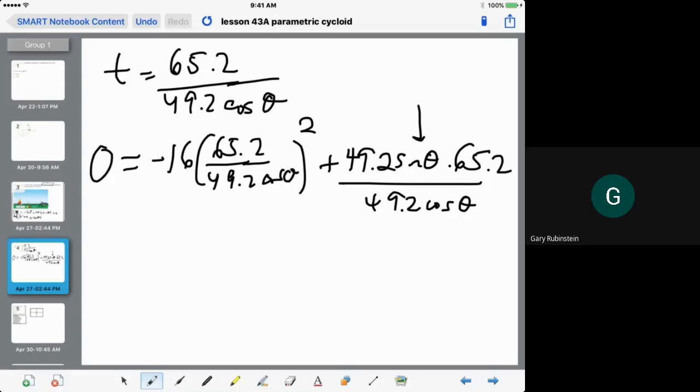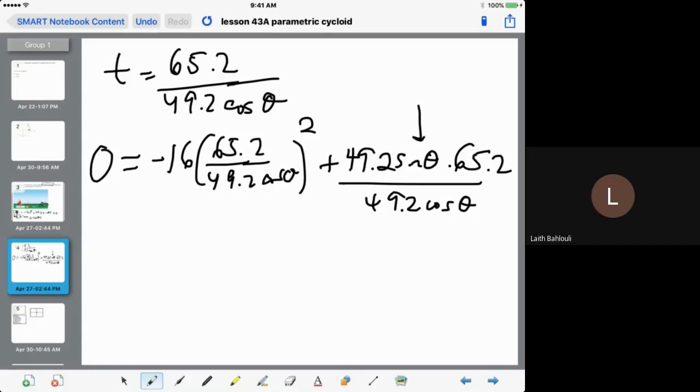Oh, are you saying, wait, if you multiply 49.2 times cosine theta, you get 65.2? But what would I do in this? Yeah. So are you saying there's some kind of substitution I could perform? Yeah, I think so. What would you substitute? I'm not sure. Okay, this is a pretty good idea.